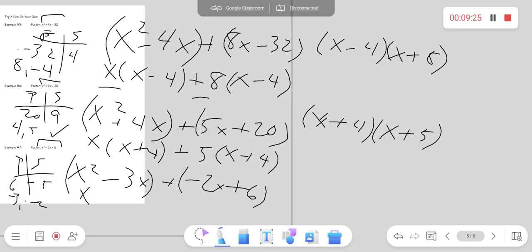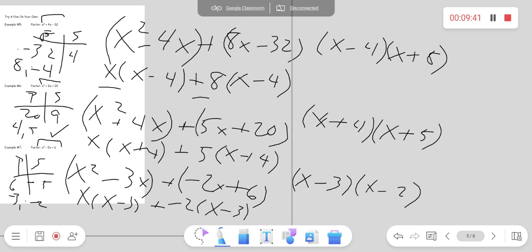Now what comes out here is x minus 3 left over, plus a -2. Now, when I take that -2, I got to change everyone's signs. X minus 3, right? So the common becomes x minus 3, and the leftover becomes x minus 2. And if I FOIL that all back out, I see that my factoring was in fact correct. Now, nice, you can go back and show through these again if you'd like.